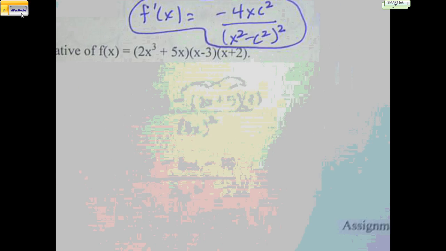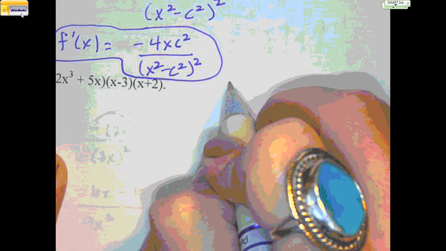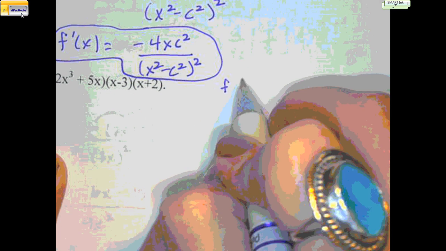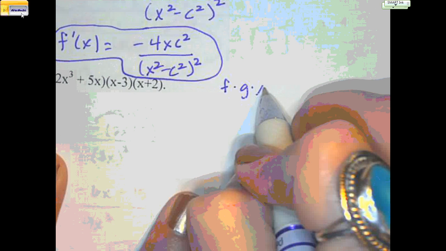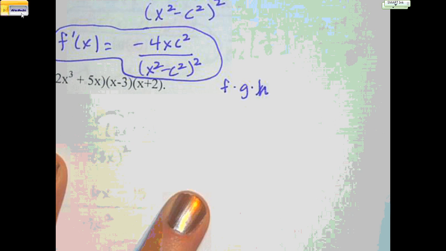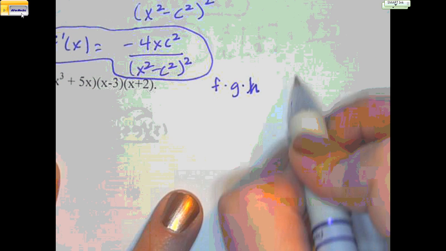The last one. You're multiplying 3 things. Write this off to the side. For room's sake, I'm just going to call them F, G, and H. So you're multiplying these 3 together and you're trying to get the derivative.